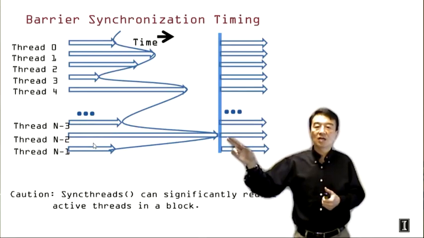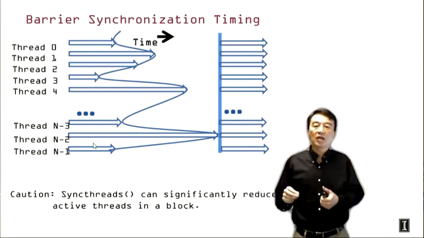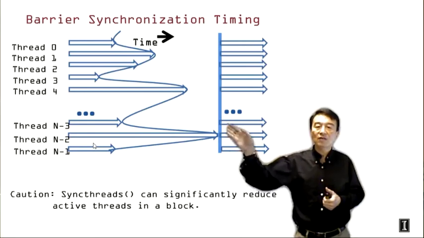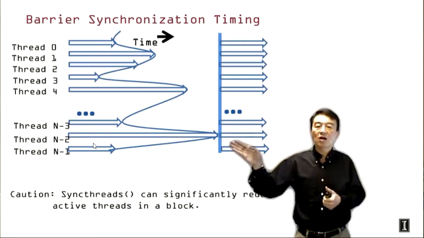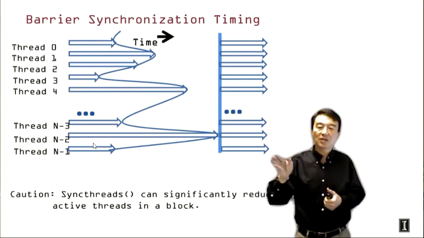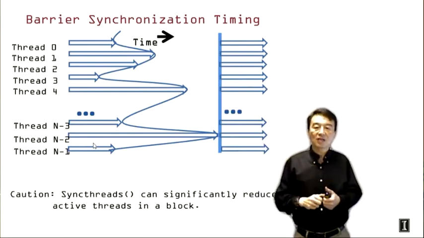So this is the point where we have the last thread to finish. And when they execute the barrier synchronization, even though these threads reach that synchronization point at different times, they all have to wait until the very last thread reaches the point, and then all the threads will be released from the barrier so that they can all do the next phase.